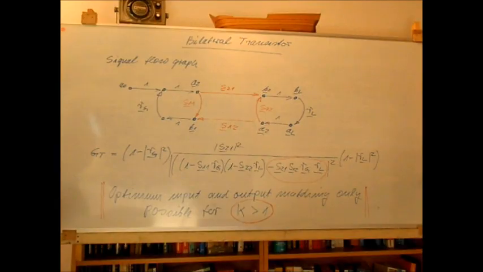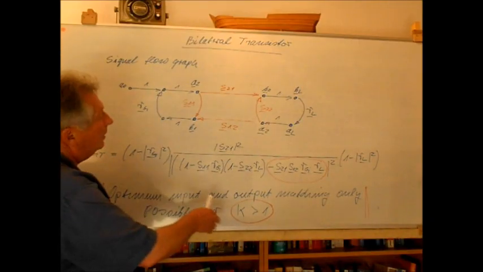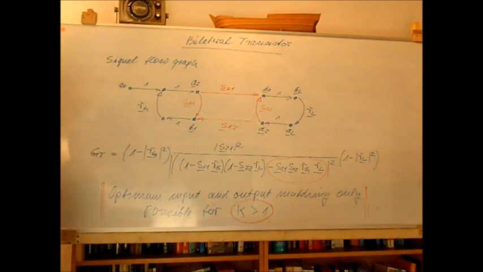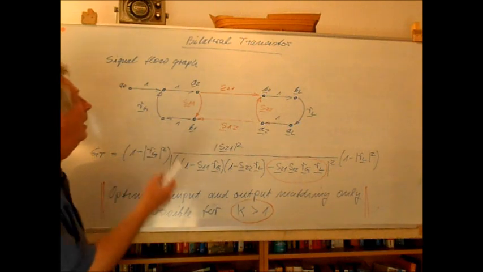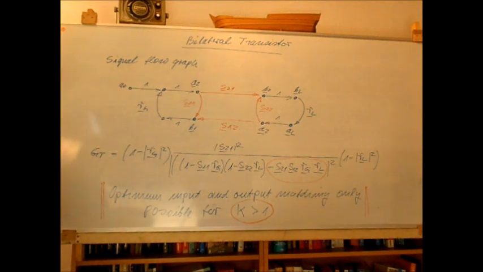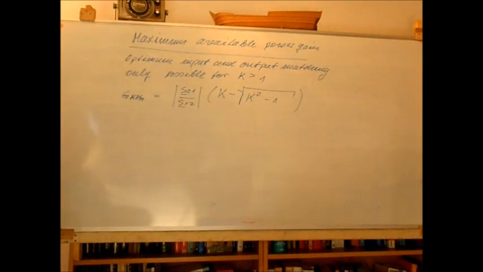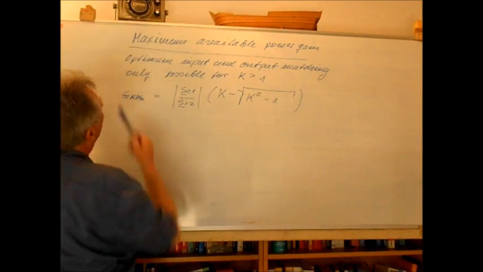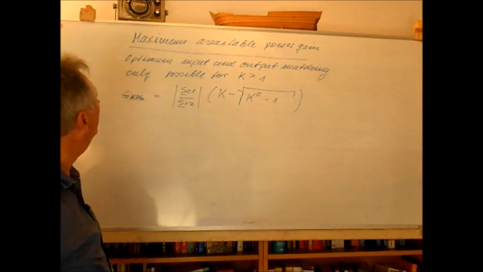Otherwise, you cannot find a simultaneous input and output matching. So in the next step I will give the results. If we do an input and output matching, what will be the gain I can get from a certain transistor. I now want just to give the result for the so-called maximum available power gain.